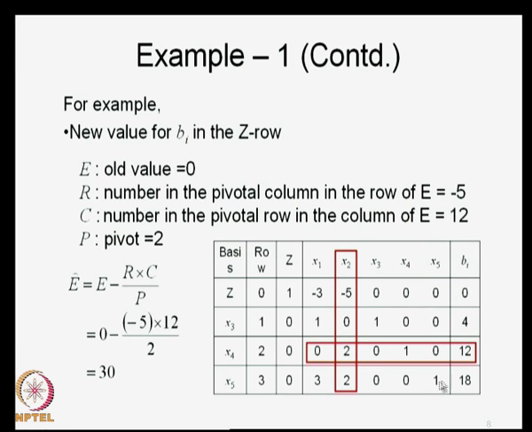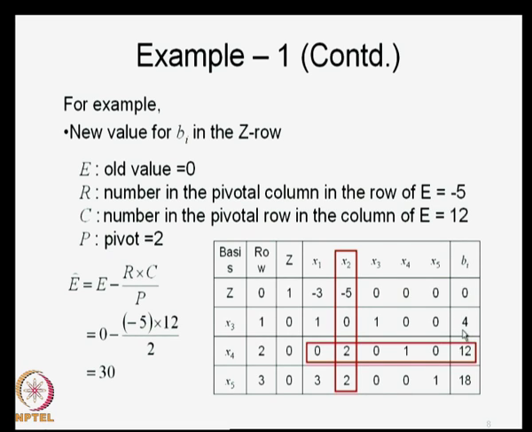Similarly, let us say that you want to convert this number 12. Except for the pivotal row, you do not touch it because you have already divided. Let us say you want to convert 4 here, then it will be 4 minus 0 into 12 divided by 2. That is how you convert. The moment either this element or this element is 0, that number remains the same.